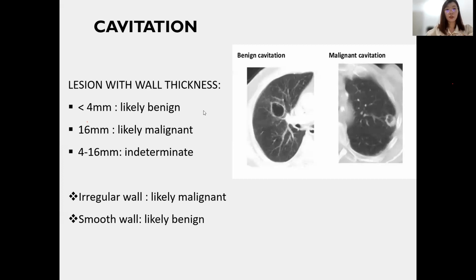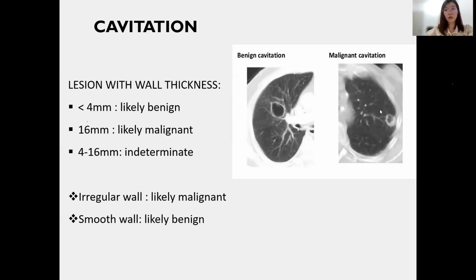Okay, so next we talk about cavity. Always assess the cavity wall thickness. If less than 4 mm and smooth, it is normally benign. Okay, it can be just a bulla or lung cyst. If malignant, the cavitation will have a thick wall. If in between, then it's indeterminate.